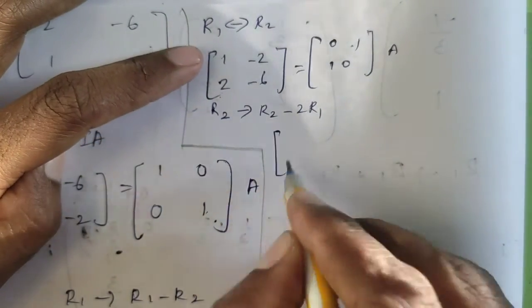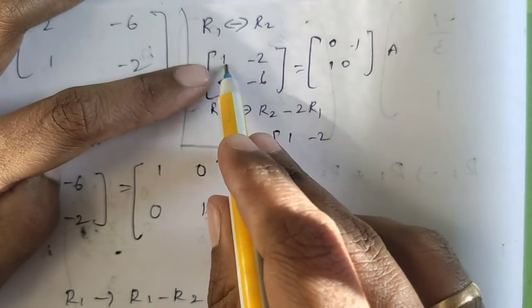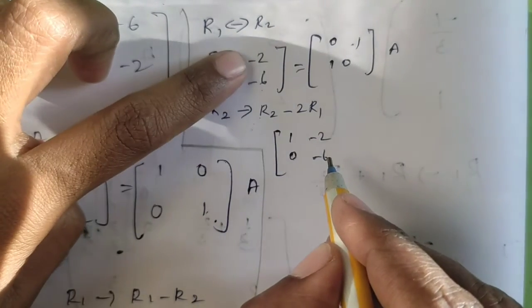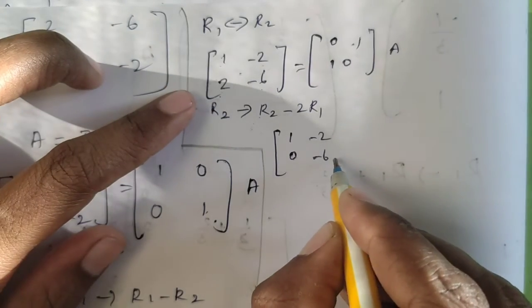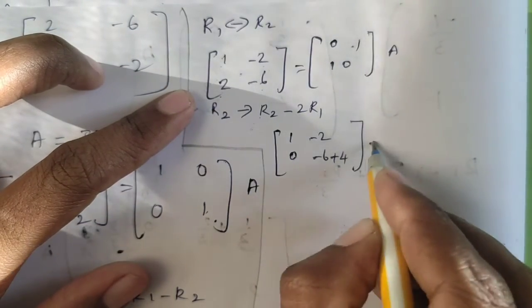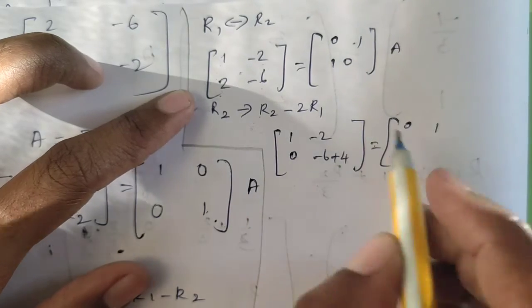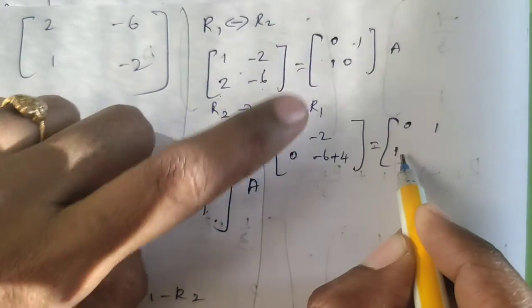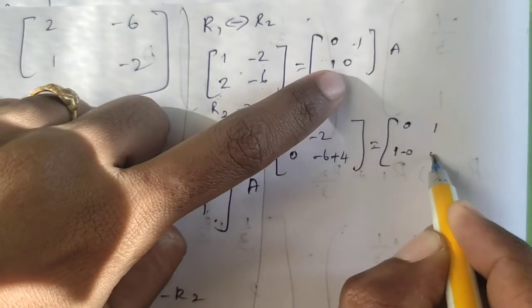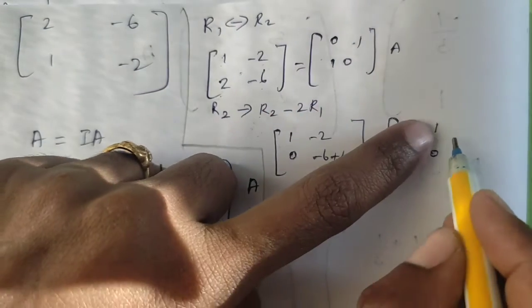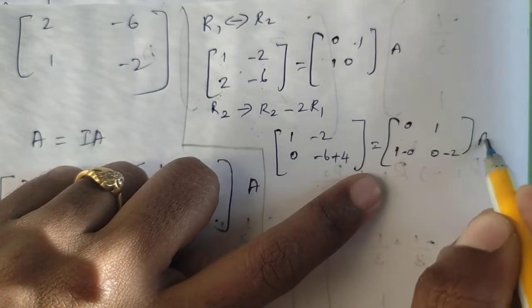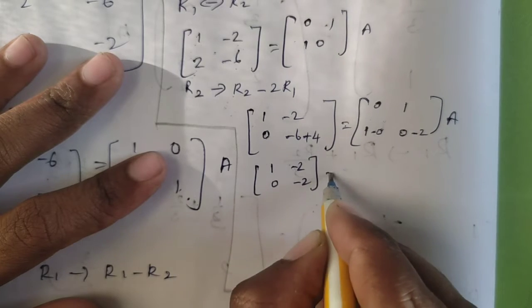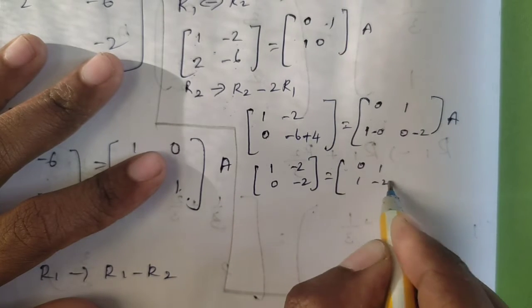So what happens? 1, 2 minus 2 into 1, which is 0, minus 6 plus 2 into 2, that is minus 6 plus 4, equal to 0, 1, and on the right side 1 minus 2 into R1, that is 0 minus 2 into R1, minus 2 into A. So 1 minus 2, 0 minus 2, 0, 1, 1 minus 2 into A.